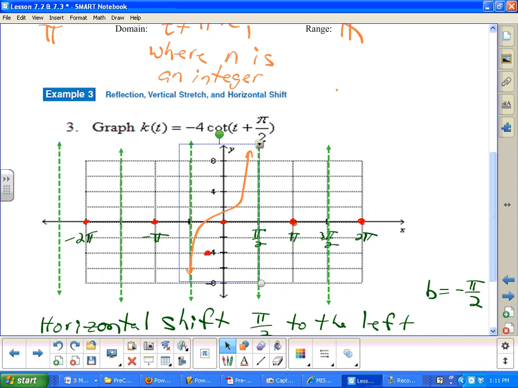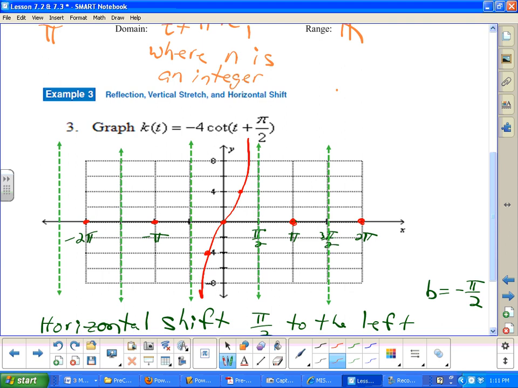Oh, but it won't stretch correctly, but you understand what I'm talking about then, okay? All right. So then this one's down here at negative 4, so this one here at pi over 4 now will be at positive 4, and I can draw my graph.